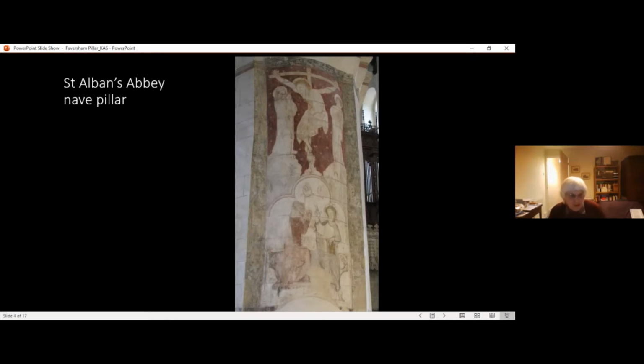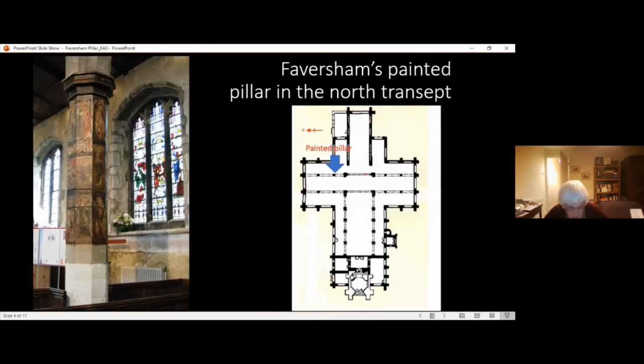In the case of St Albans Abbey, there are 6 of these round pillars, and it is worth noting that here these pillars were used as a reredos, the 2 paintings here, for an altar, and we'll come back to that idea of altars in a little while. So if we're thinking about Faversham's pillar, it's in the north transept.